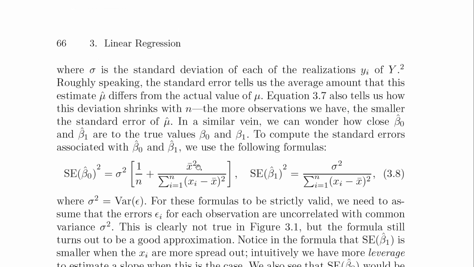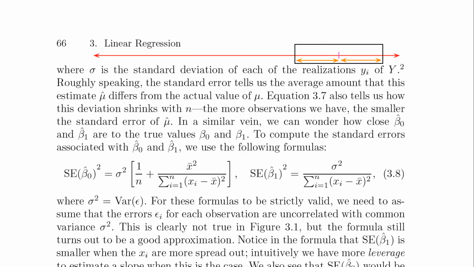How is that interval created? We are modeling real numbers. So you'll take your real line, you have your mu hat, this is your mu hat, you calculate your standard error based on the formula that we saw on the previous page, and you'll say standard error to the left, same thing to the right, and you will say my true population mean is within this interval.